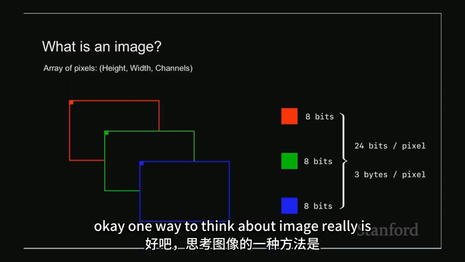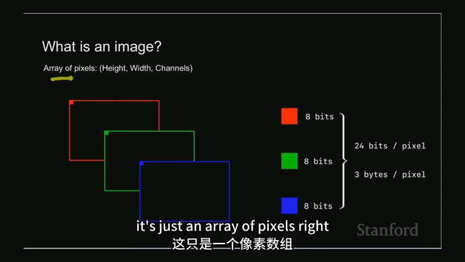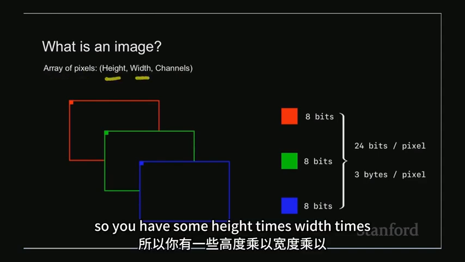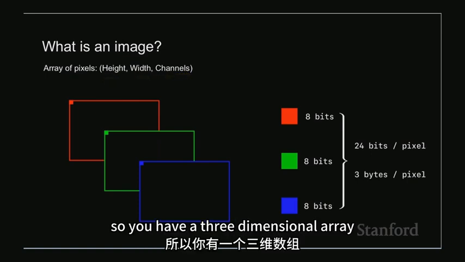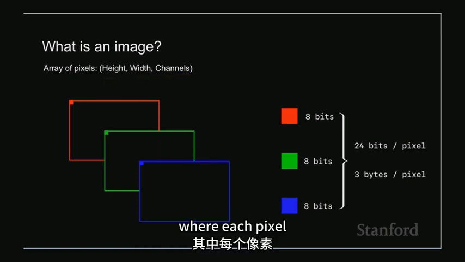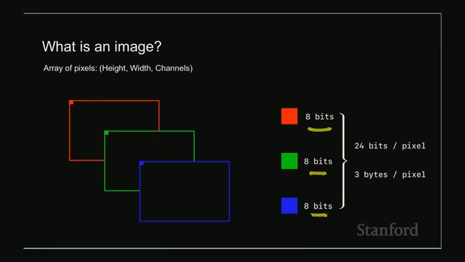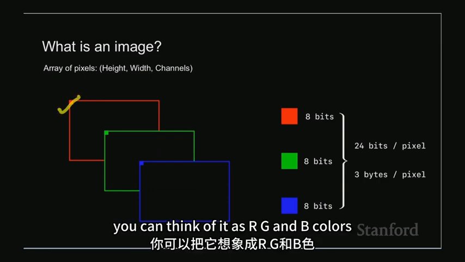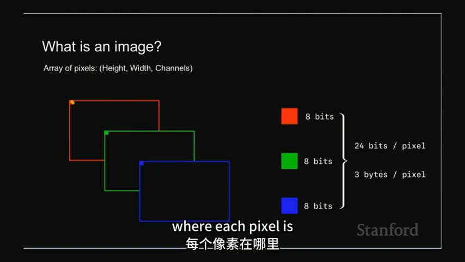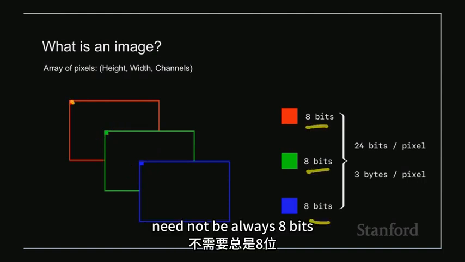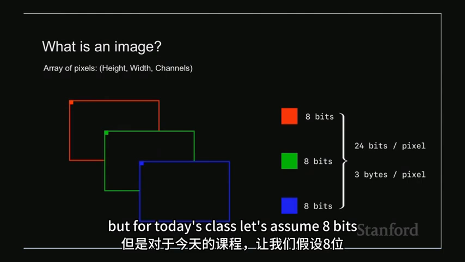Okay, one way to think about an image really is it's just an array of pixels, right? So you have some height times width times number of channels. So you have a 3-dimensional array where each pixel, you can think of it as being represented as 8 bits. If you have some image, you can think of it as R, G, and B colors, where each pixel need not always be 8 bits, but for today's class, let's assume 8 bits.